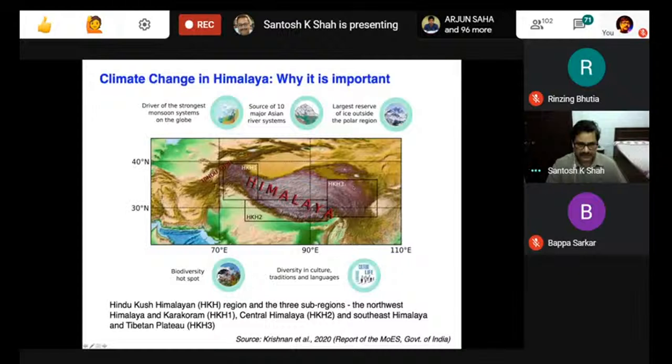The climate in northern India has glaciers, and this Himalaya has different water basins, river basins.